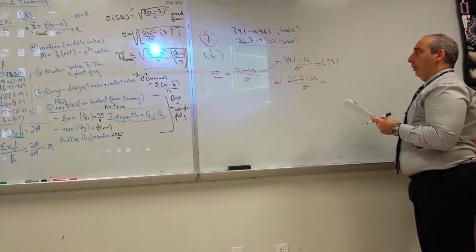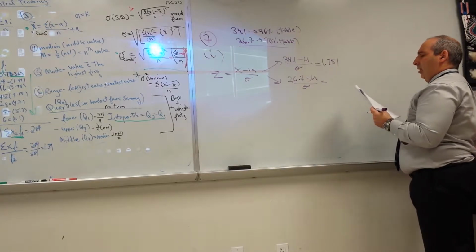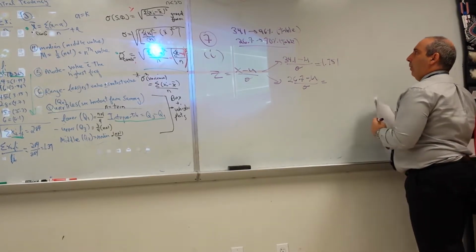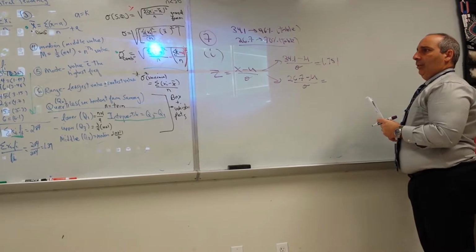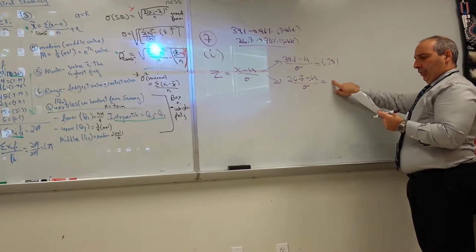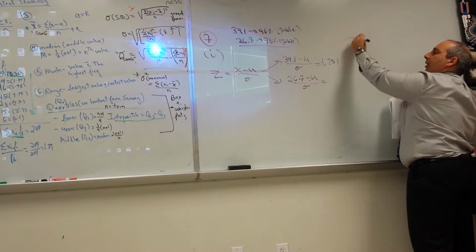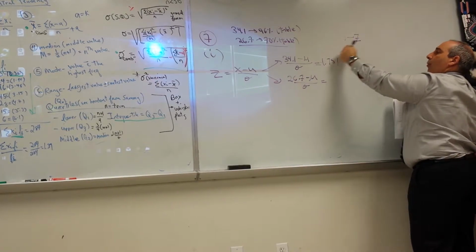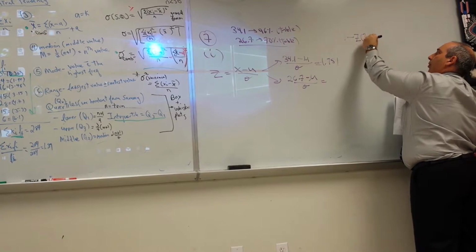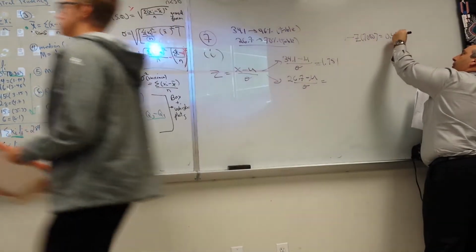So 1 minus something is equal to 0.476. They didn't get 0.476. He did 1 minus the z-score for 70%, which is 0.476, right?